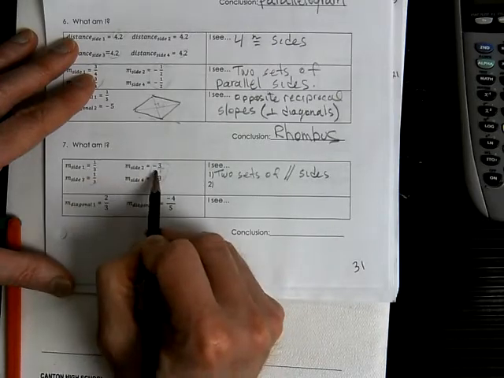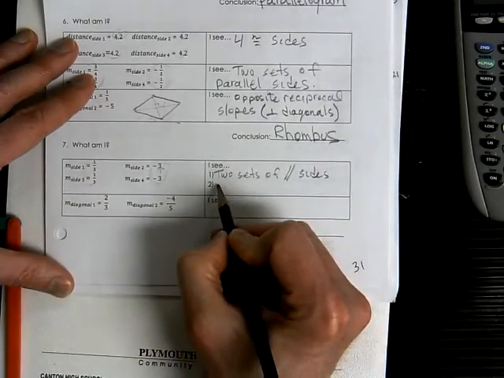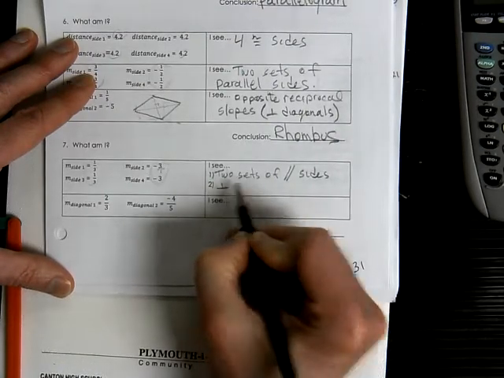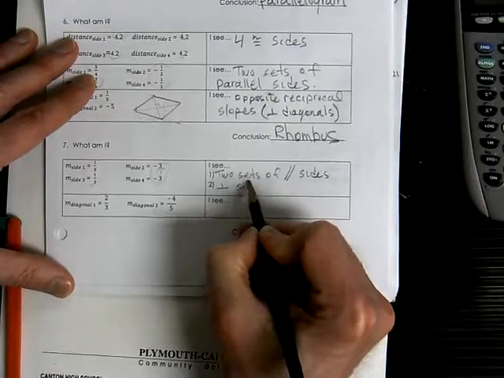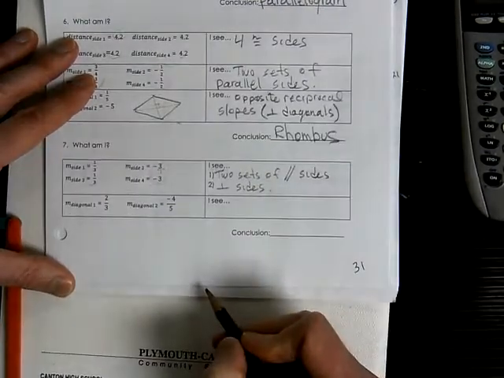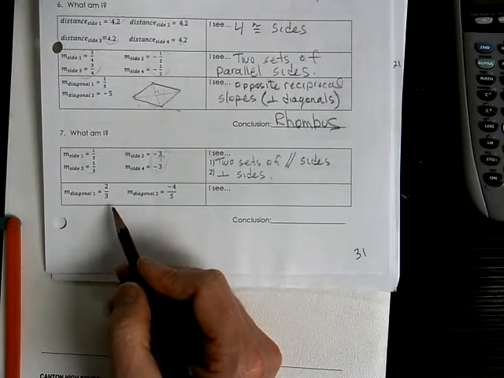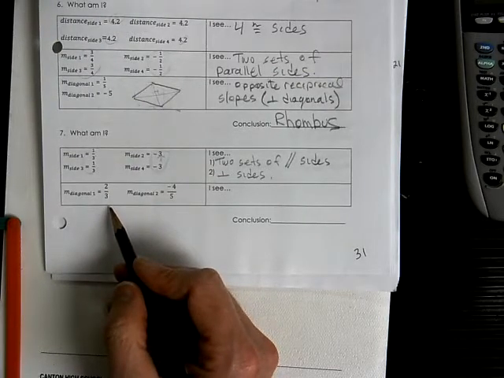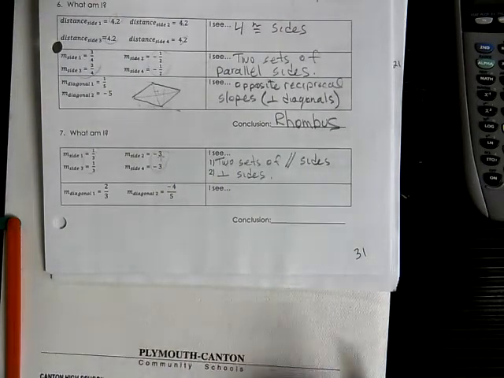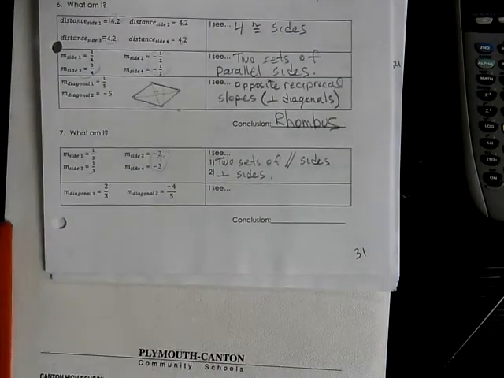This is a positive and that is a negative. Perpendicular sides. The diagonals, oh, that's interesting. So let's take a look.